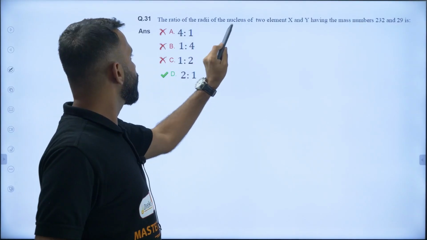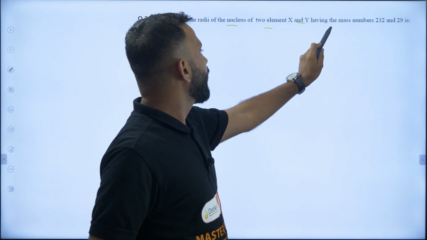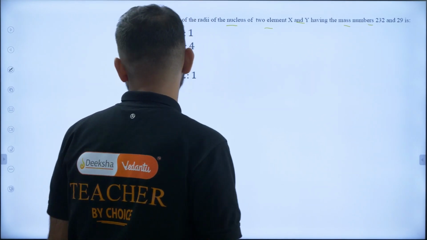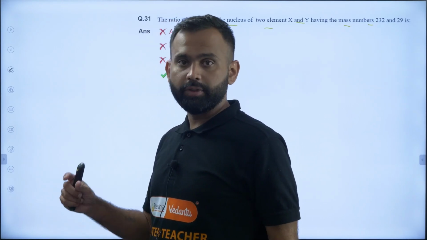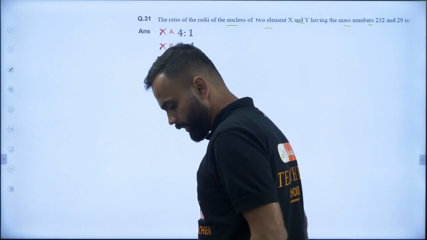The ratio of the radii of the two elements X and Y having the mass numbers 232 and 29 is? The simple one, right? So we know the formula for the radius of the nucleus, isn't it? So what is the formula?